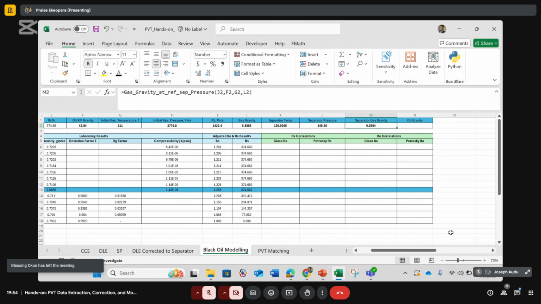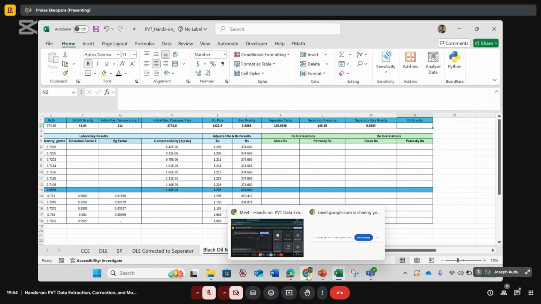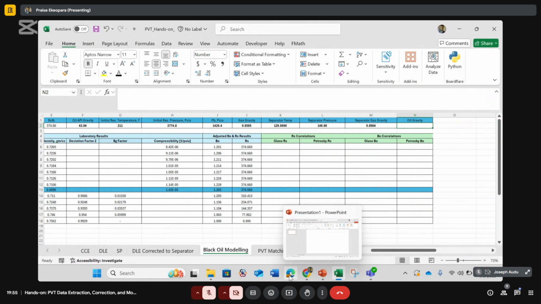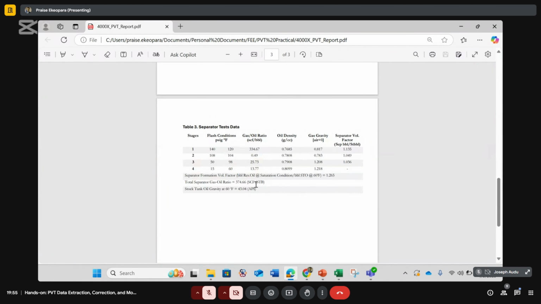After getting this, our oil gravity will now be this one that I made mention of, because we usually take it at separator condition.